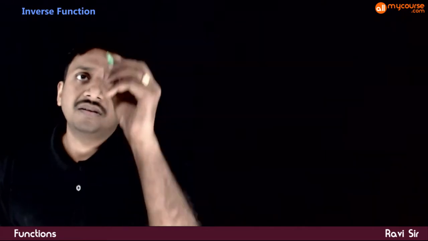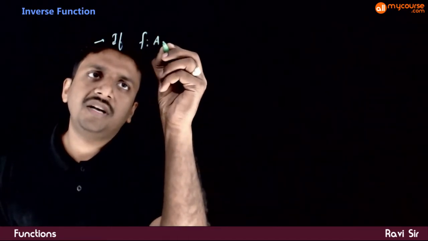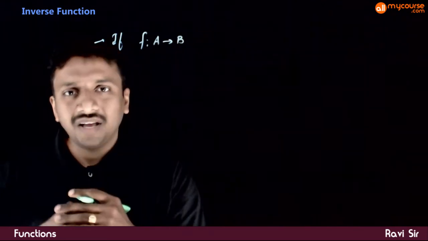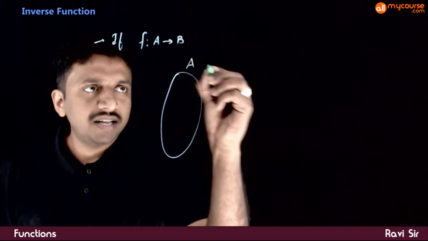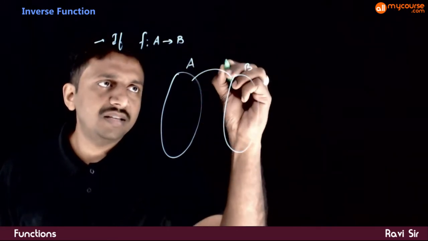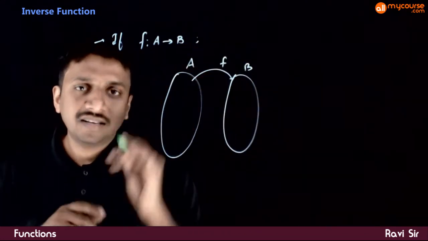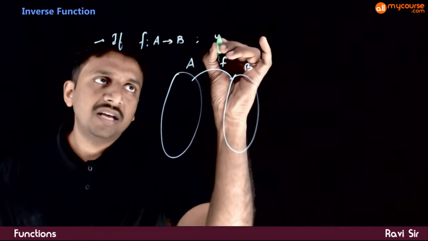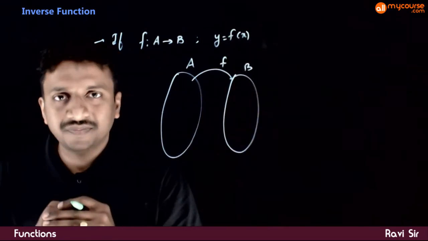In this video, let us look at what an inverse function is. So if f is a function defined from A to B, so you have a set A, you have a set B. If f is a function defined from set A to B, and the definition of the function, let it be y is equal to some sort of function of x.